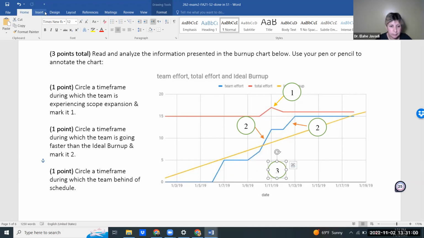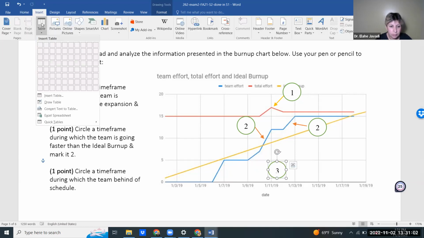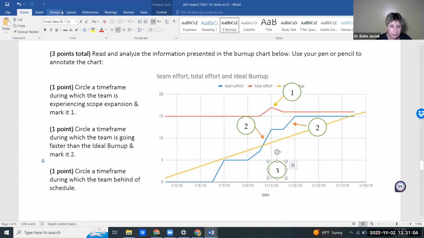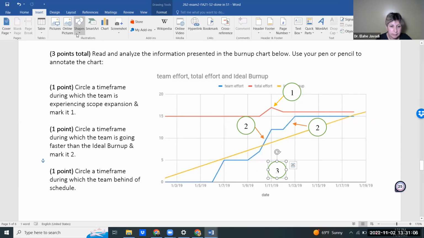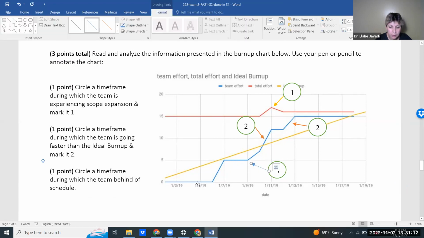So all this. Why is that so? If you draw a vertical line and you see how it intersects, you see that the work you have completed under the actual scenario is less than the work you wanted to complete under the ideal scenario.